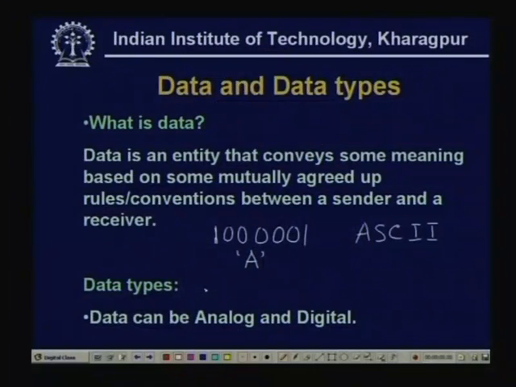That means uncorrelated, incoherent signal or information, whatever we receive, is not data. What we can interpret is based on some knowledge of the data, that means some standard, some norm, some mutually agreed upon convention. So, this is the significance or meaning of data.